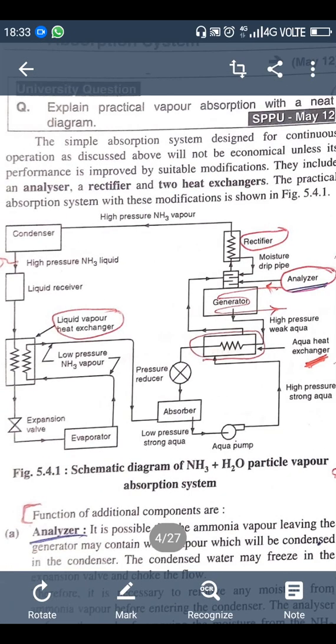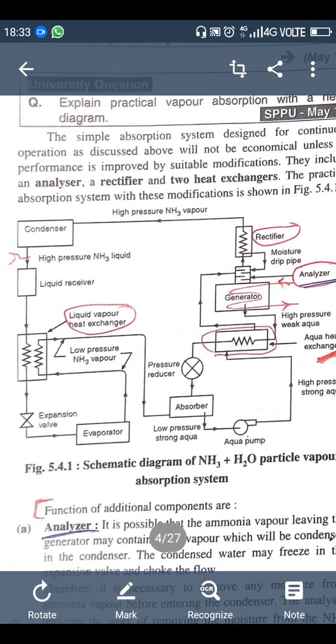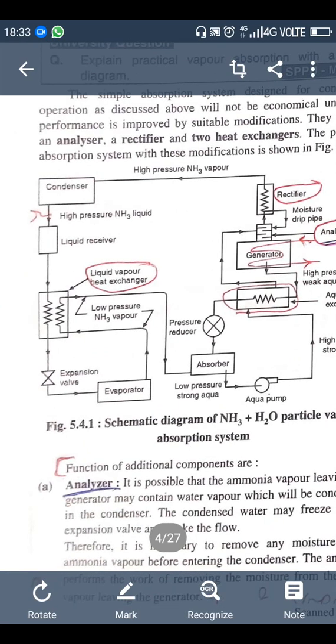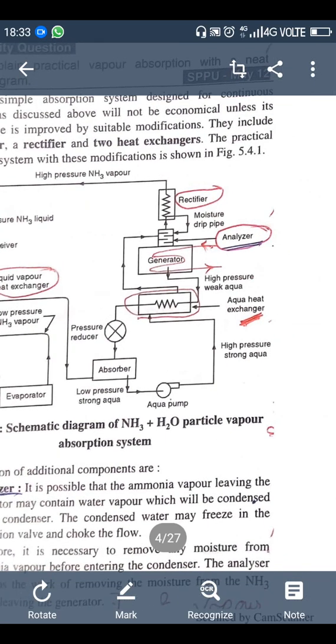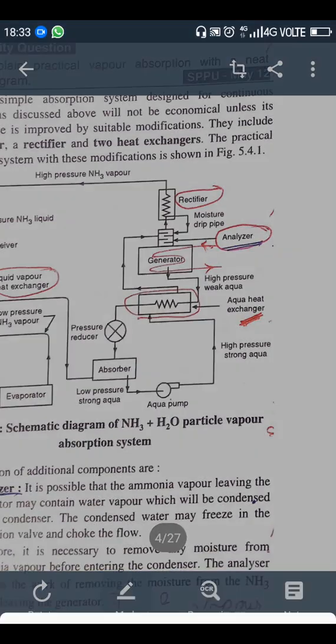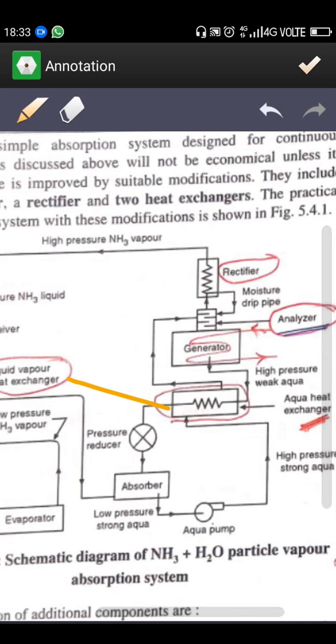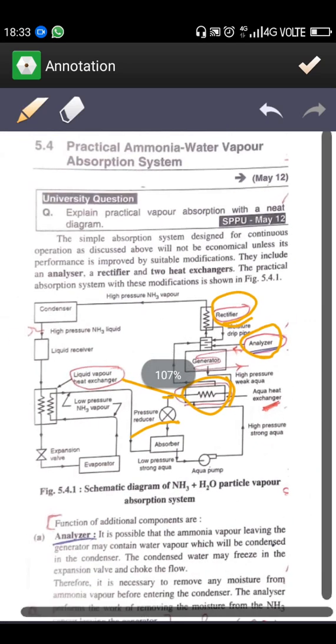These additional parts are the accumulator, the analyzer, then the rectifier, then we are using a heat exchanger here, and again we are using a heat exchanger here.